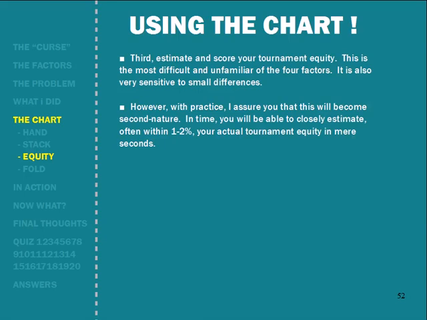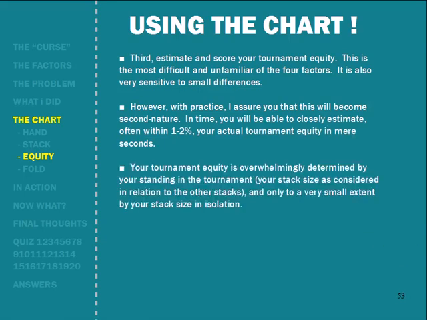Now, that is a really powerful thing to be able to do because if you know exactly how much you're risking and you can approximate what your stack will look like after you do it, then you can almost run the risk-reward right in your head and know exactly how strong a hand you need to shove. So it's a very powerful thing to be able to do, and I can do it. On the bubble, you show me 4 stack sizes and I can come within a percent or two of knowing what your actual tournament equity is.